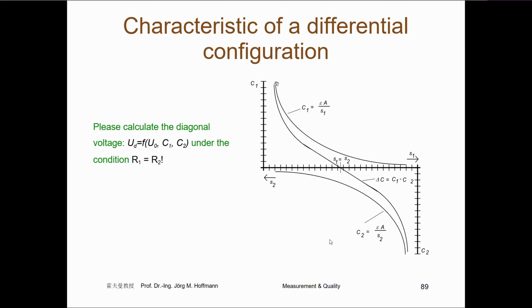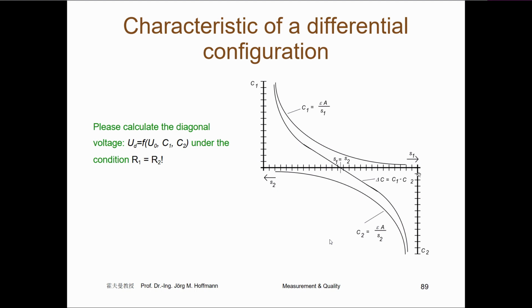You start with a capacity, and then when you make the distance between the plates bigger, the capacity will decrease, and theoretically in an infinite wide distance you come to zero. And the other capacity goes the same way, but opposite to the first capacity.